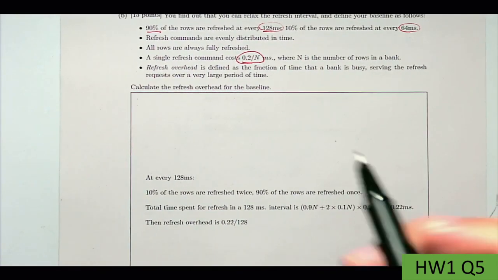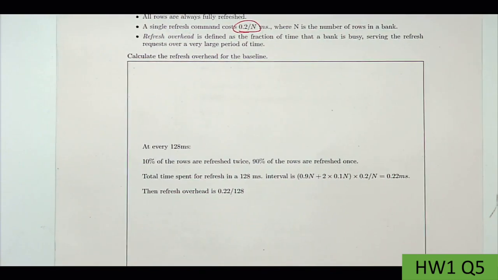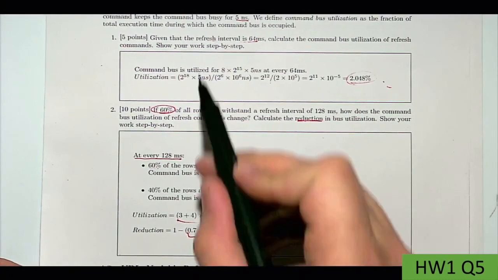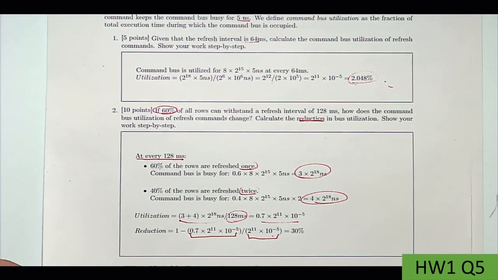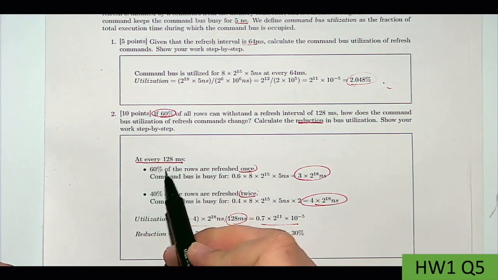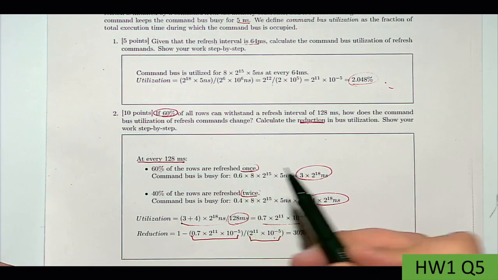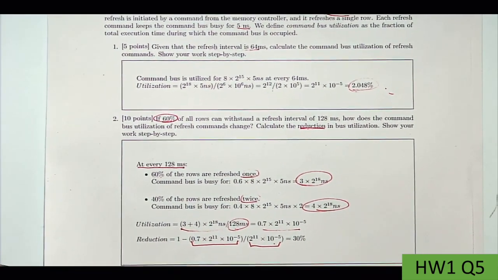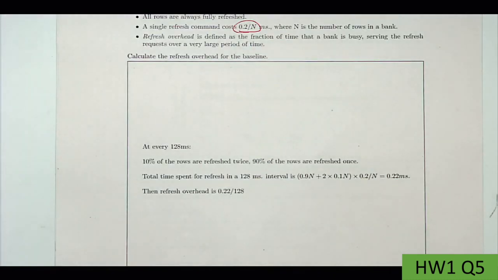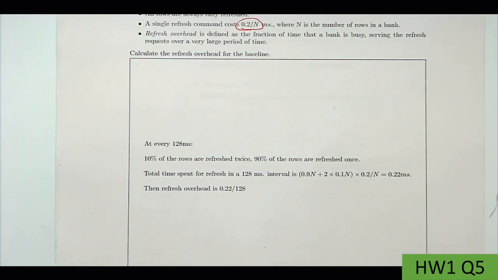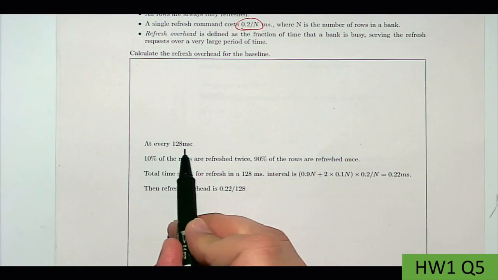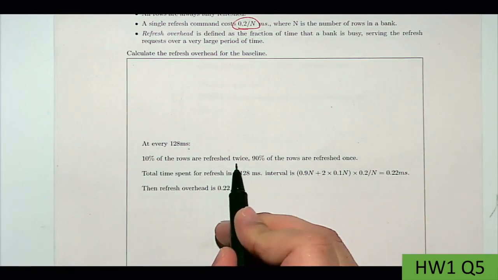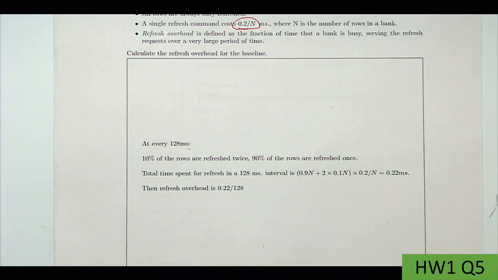Okay, so again, I do the same thing that I do in the second part of the first question in the basics. Remember, 60% was being refreshed once in every 128 milliseconds, and the 40% were being refreshed twice. So it's the same story here again. I just look at every 128 milliseconds: 10% of the rows are refreshed twice, and 90% are refreshed once.